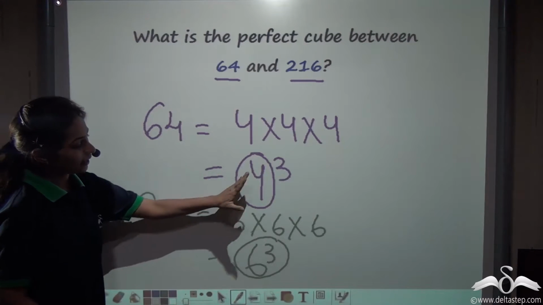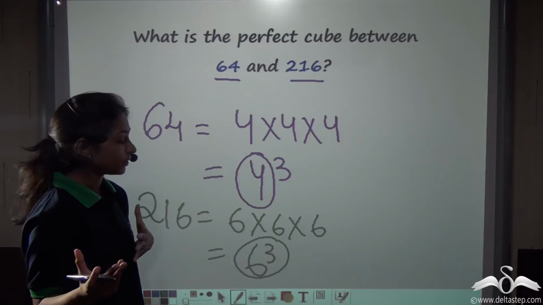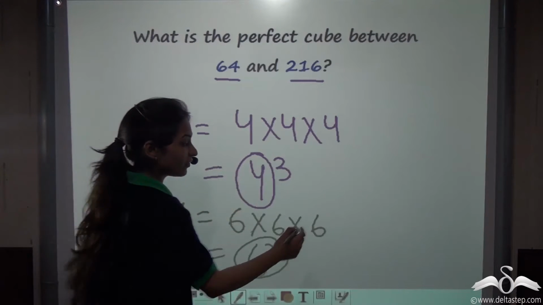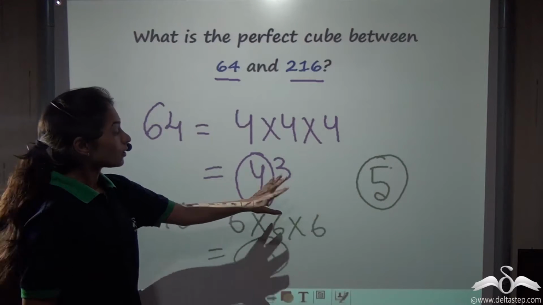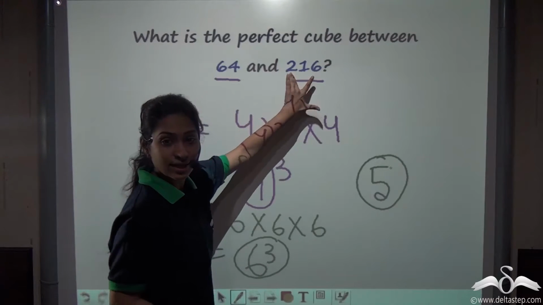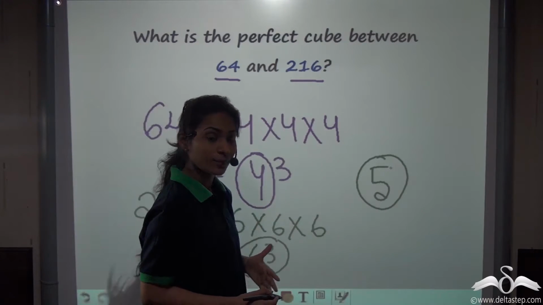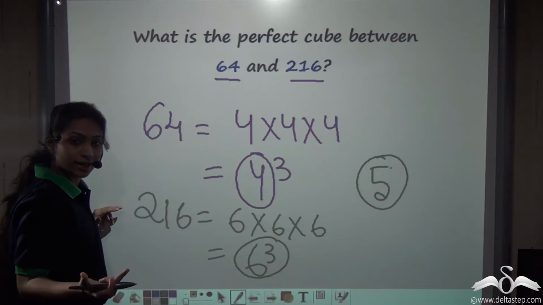Now I can see that these are natural numbers, 4 and 6. So the natural number that lies between 4 and 6 is 5. So the cube that lies between 64 and 216 must be the cube of 5 only, because 5 is the only natural number that lies between 4 and 6, not any other natural number.